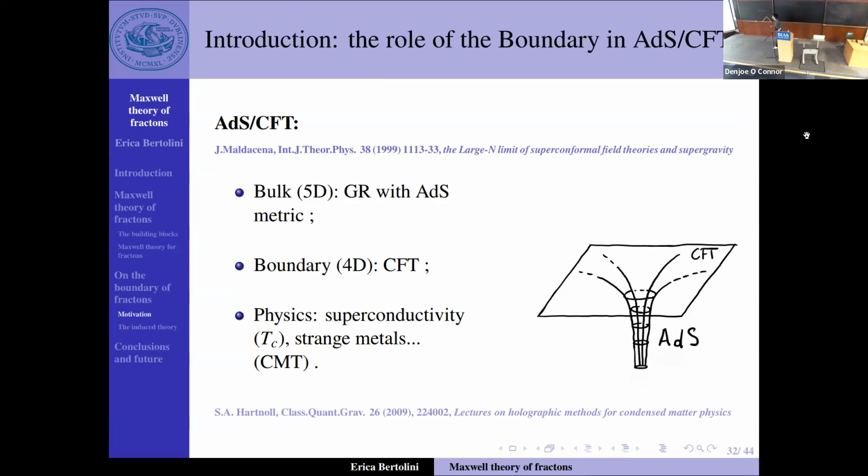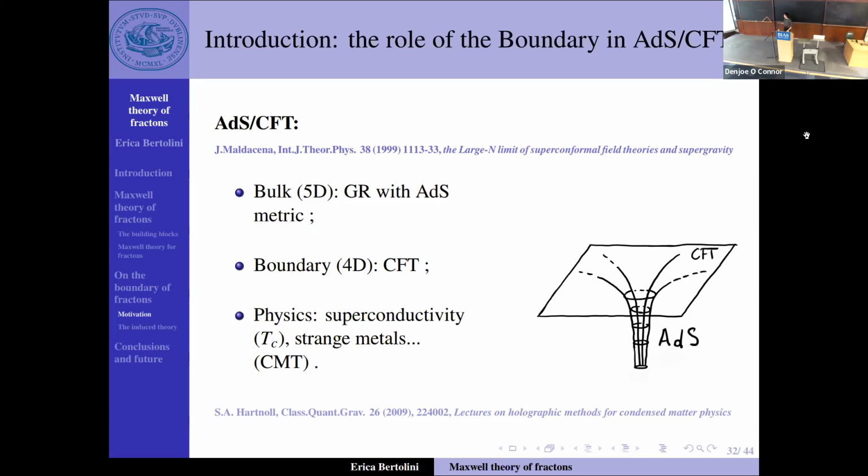Well, that's another example of field theory with boundaries: AdS/CFT, which we were discussing with some guys. That's another example which was born in the context of string theory, and it's a five-dimensional theory, for instance, of general relativity with an AdS metric and a conformal field theory on the boundary.